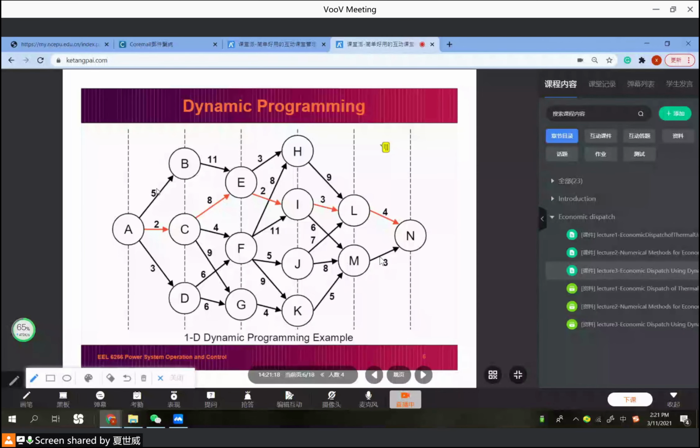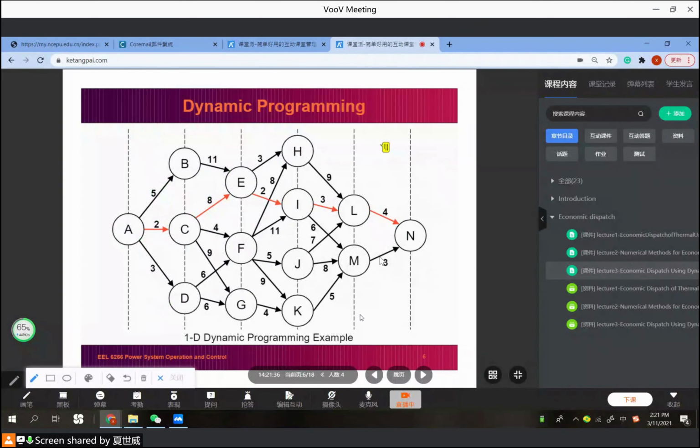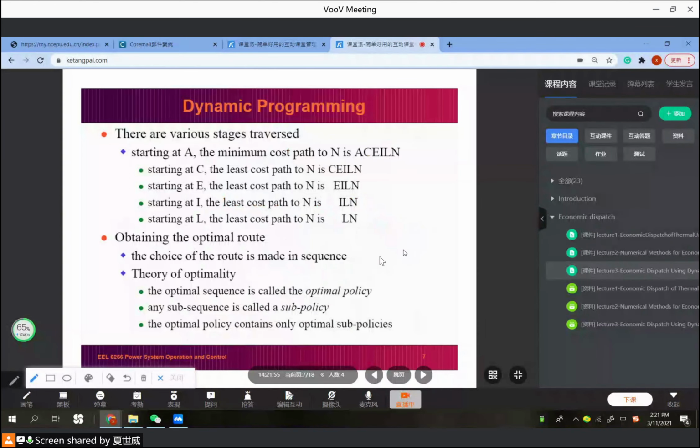So the total cost is the sum of the paths you choose to go from point A to point N. So the problem is to find the minimal cost routing. For each path there is a cost, and you want to travel from A to N and find the minimal cost. So you determine which path you should choose. Okay. This is our problem.